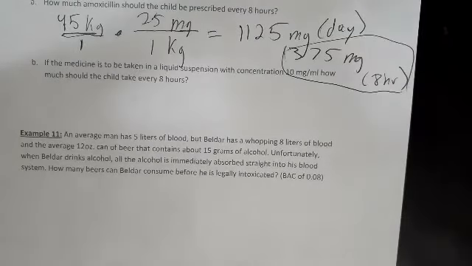Now we know the dosage for every 8 hours. It's 375 milligrams. Now the next question asks, if the medicine is to be taken with a liquid suspension that has a concentration of 10 milligrams per milliliter, how much should the child take every 8 hours? So now your medicine is actually coming in milliliters. You have to measure out milliliters of medicine.